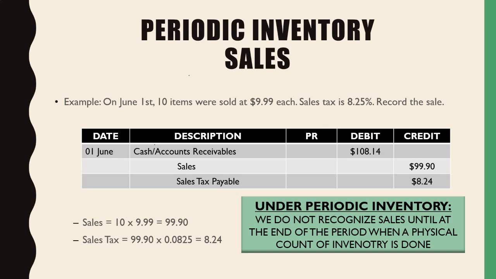We never kept track of how many items we sold. How did we figure out how many items we sold? Someone had to go down to the basement, take a physical count, and let you know, well, if you started with X amount of items and you only have this amount on hand, your assumption is you must have sold X amount of items.